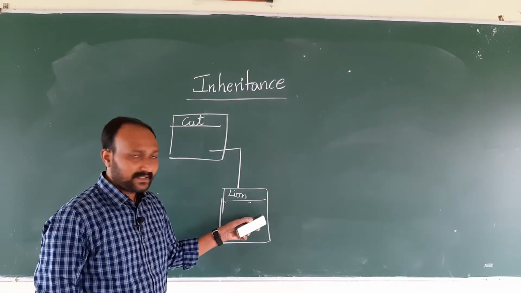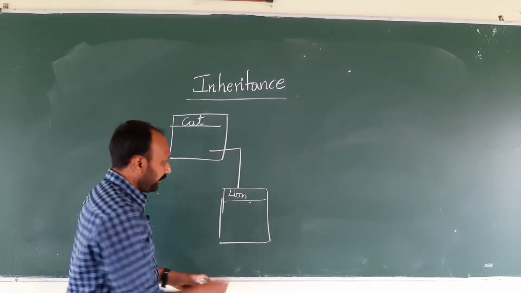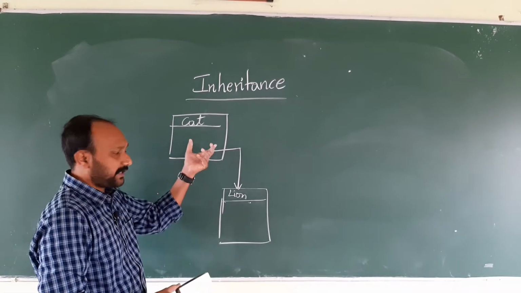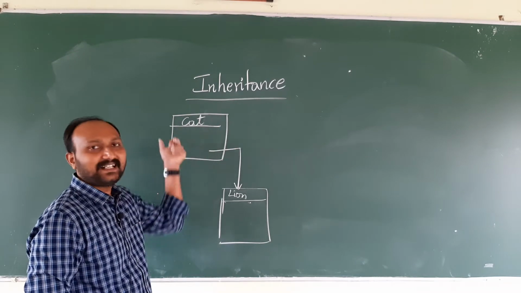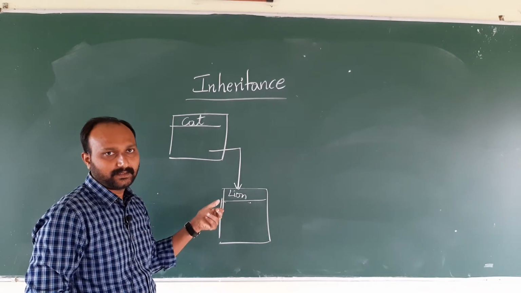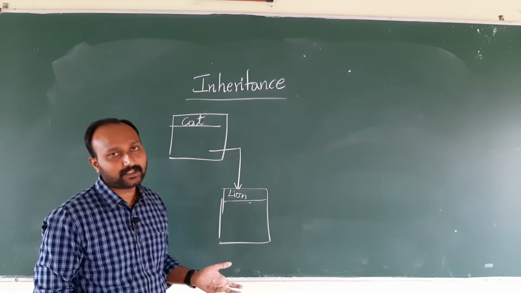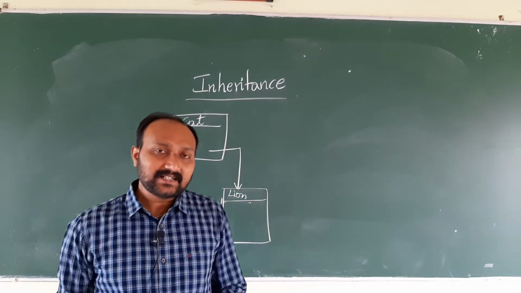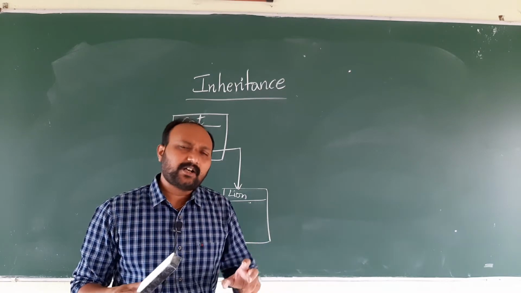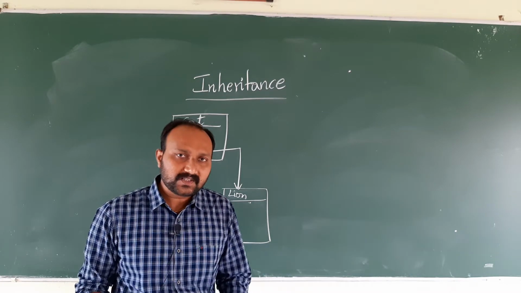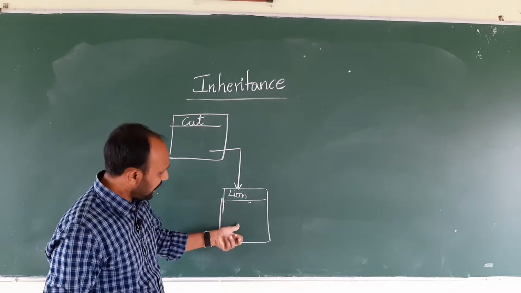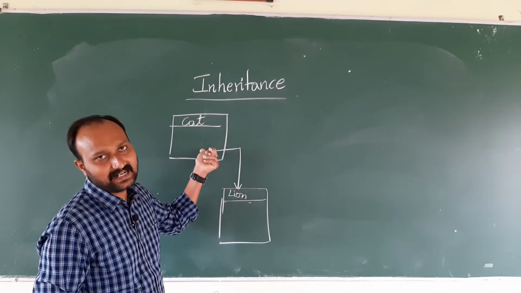A new derived class will be deriving some of the properties of the existing class. This is what inheritance is. Once again, I repeat the definition. Inheritance is a property, a mechanism, or a process of deriving a new class from an existing class.